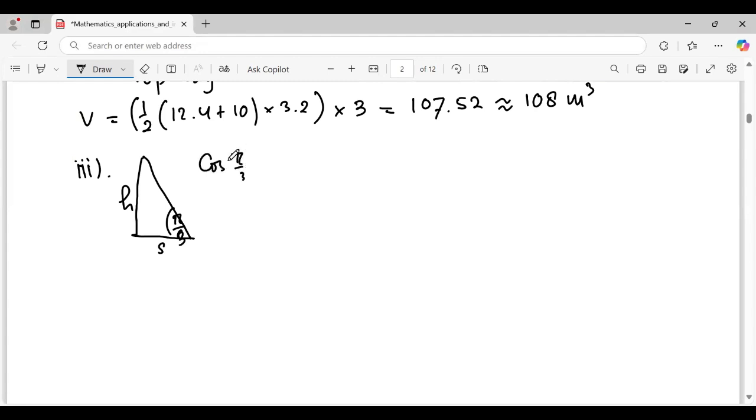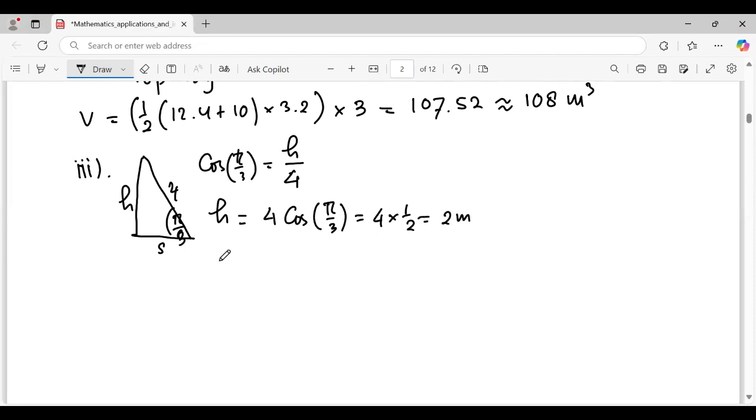Cosine pi third equals h over 4, or h equals 4 cosine pi third. 4 multiply 1/2, 2 meters.